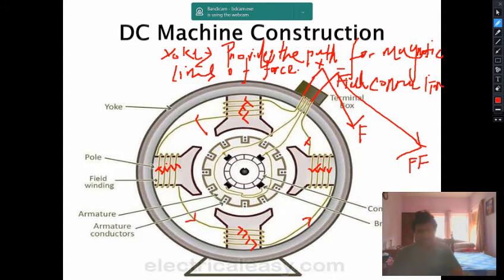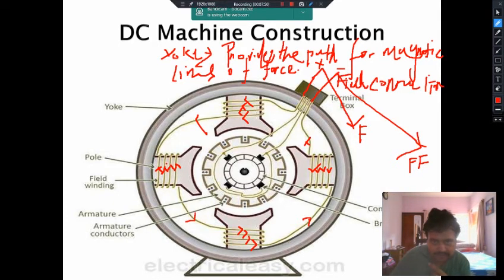Now what you are supposed to do is apply the laws which we discussed yesterday. You have to use the right hand thumb rule for this. For this particular pole, you orient the thumb of your right hand in the direction of the currents.